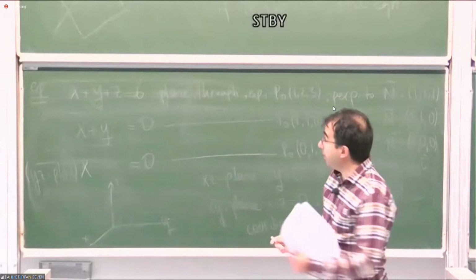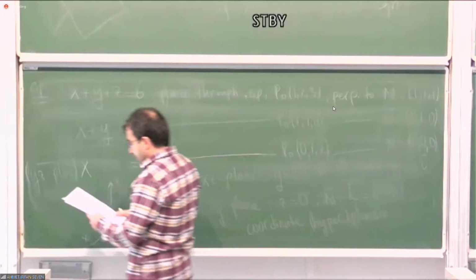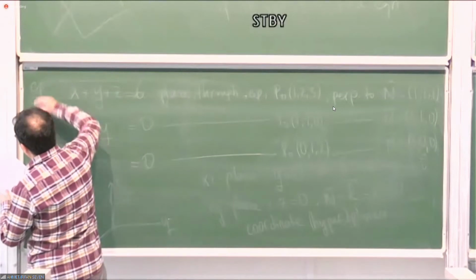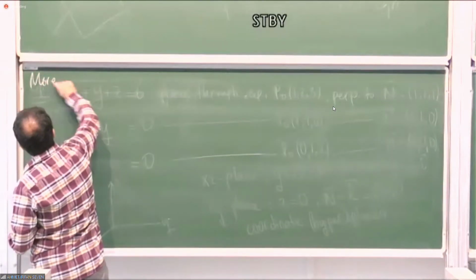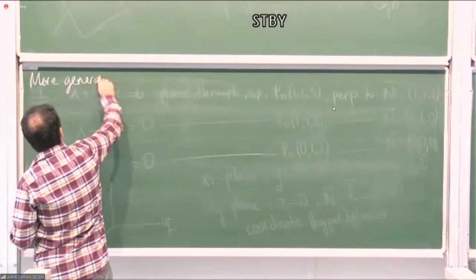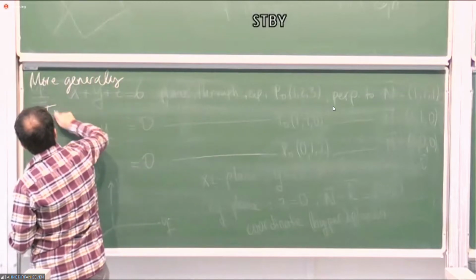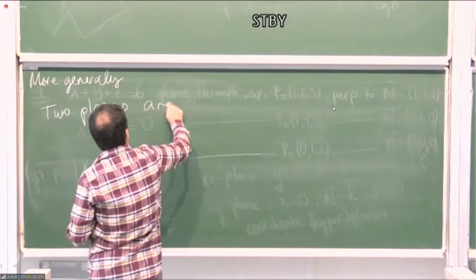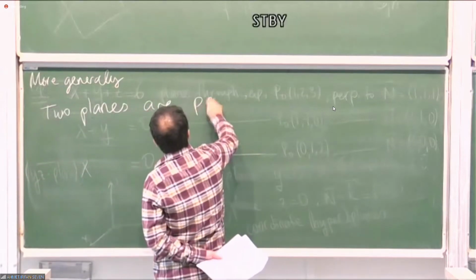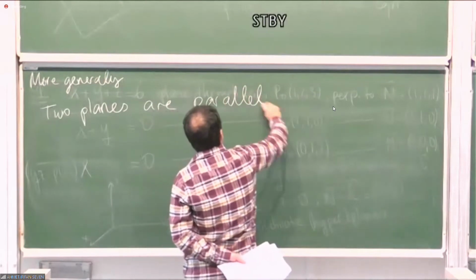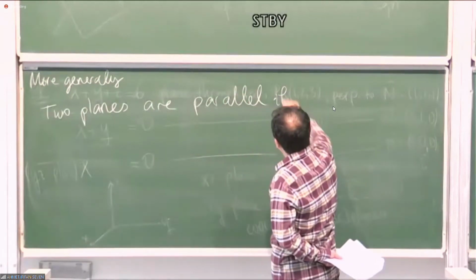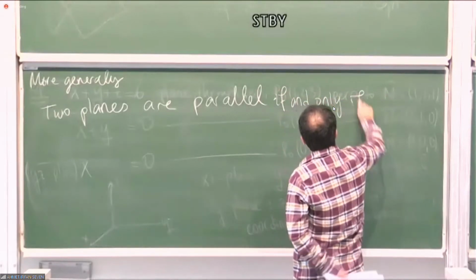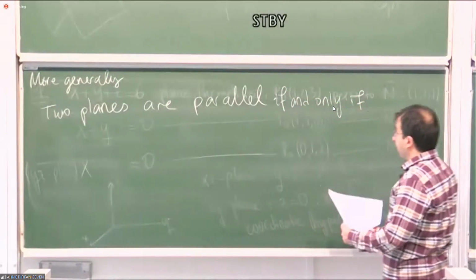More generally, let me write, two planes are parallel if and only if their normal vectors are parallel.